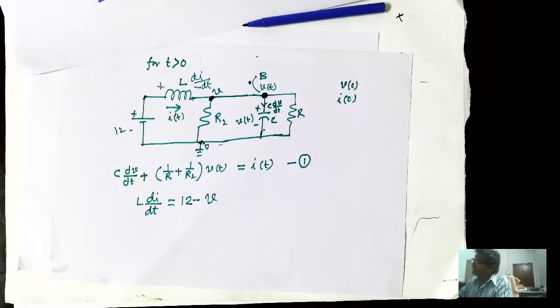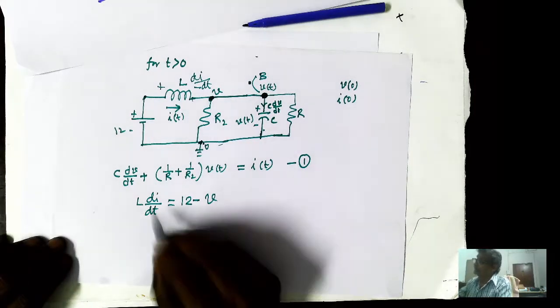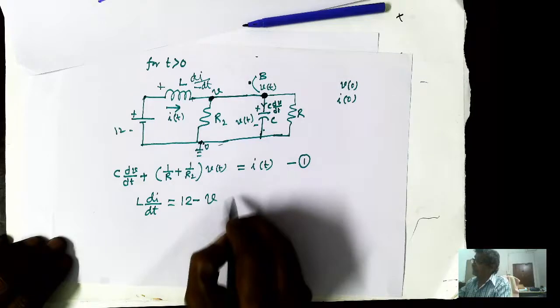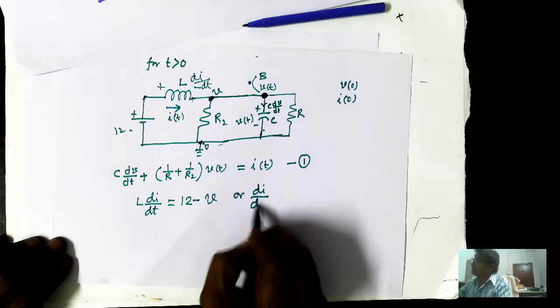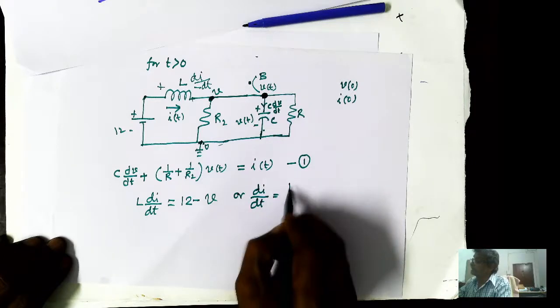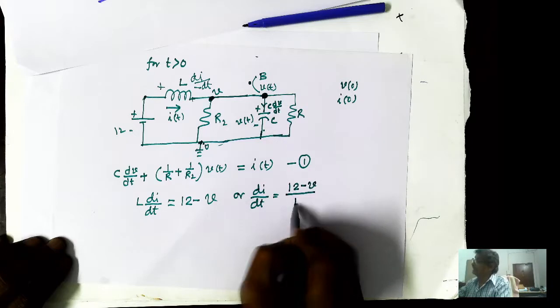So from this you will get the value of di/dt, or you can calculate it. di/dt is equal to (12 minus V) divided by L, whatever is the value of L.